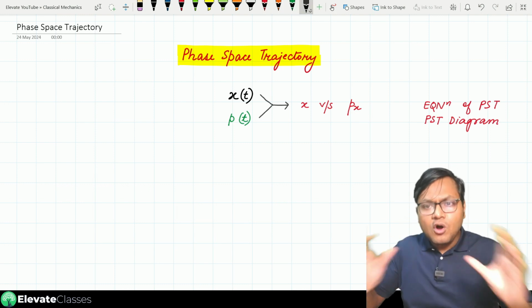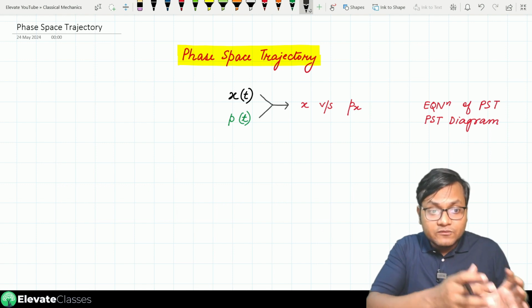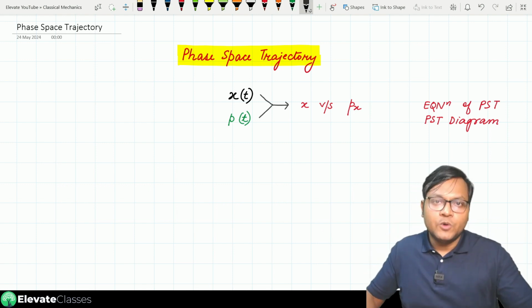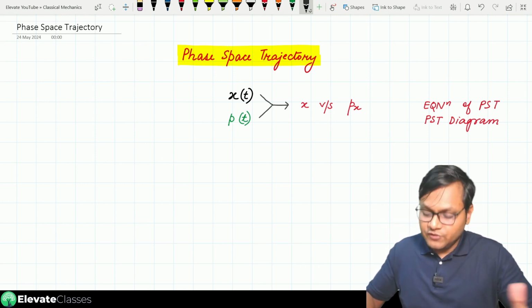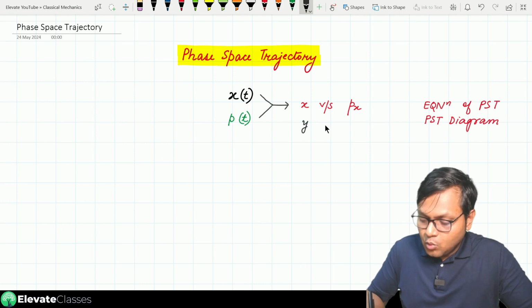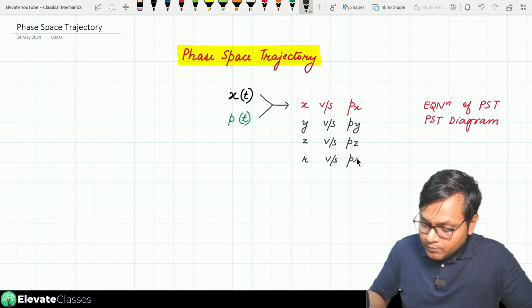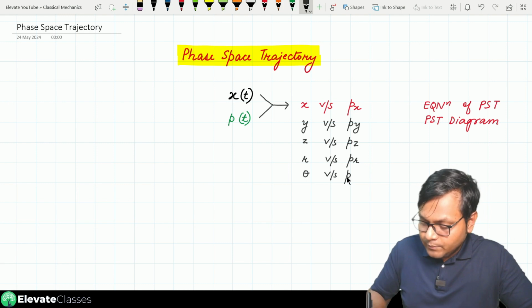So as long as we are interested in the change of the coordinate versus momenta and we are interested in their relationships, then that would correspond to understanding of the motion in phase space. So for example, we can be interested in y versus py, z versus pz, or r versus momenta along the radial direction, theta versus p theta.